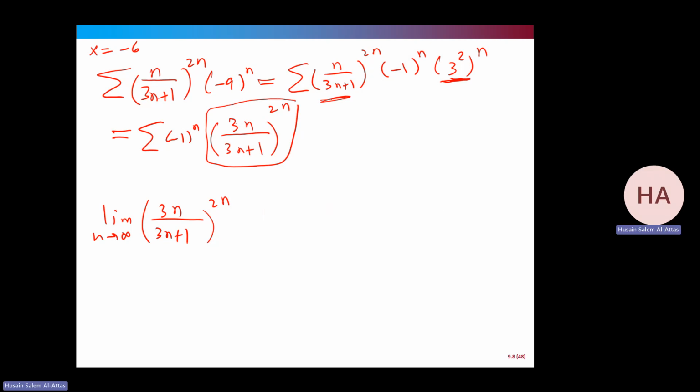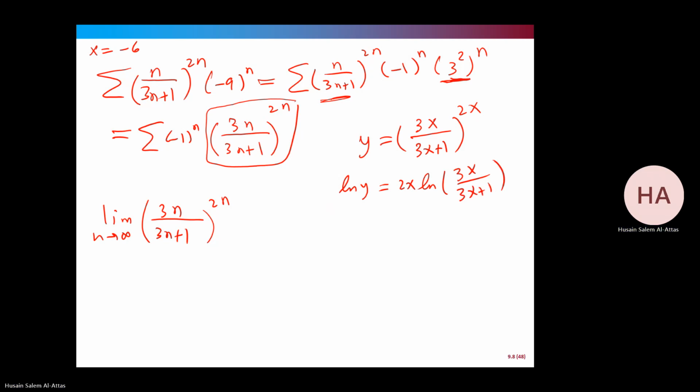So I have y equals (3x/(3x+1))^(2x). Take ln. That will be 2x ln(3x/(3x+1)). I can do it with the e, but it needs a little bit of calculation, so let me do it. I think this one is easier.